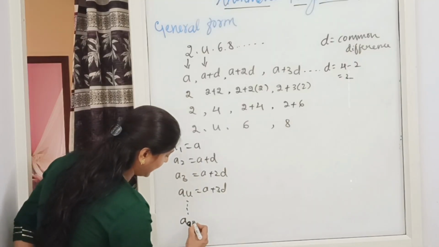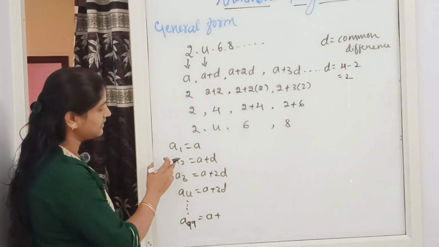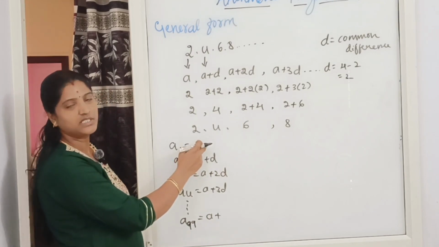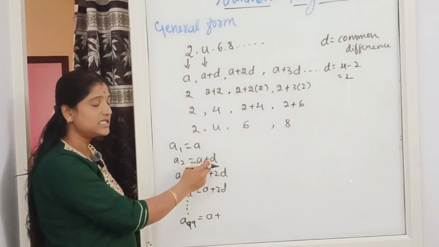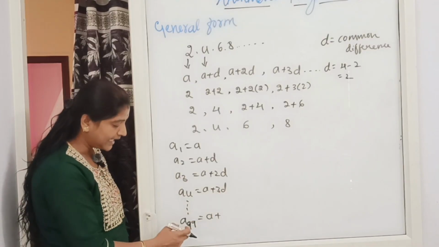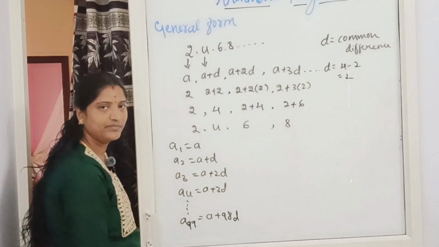the 99th term you can consider, that is A plus, see here carefully, if 1 is there it means 0. 0 is added to anything, that only. 3 means 1D, nothing is there means 0D, 3 means 2D, fourth term means 3D. Like that the 99th term means it is 98D. Is it not?